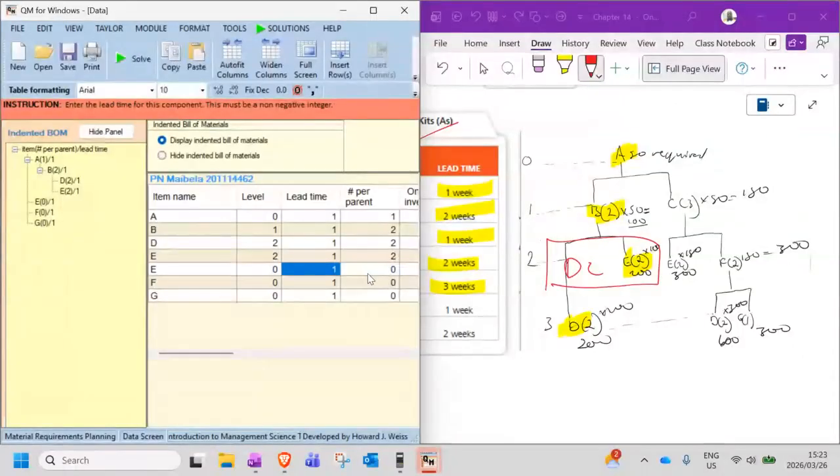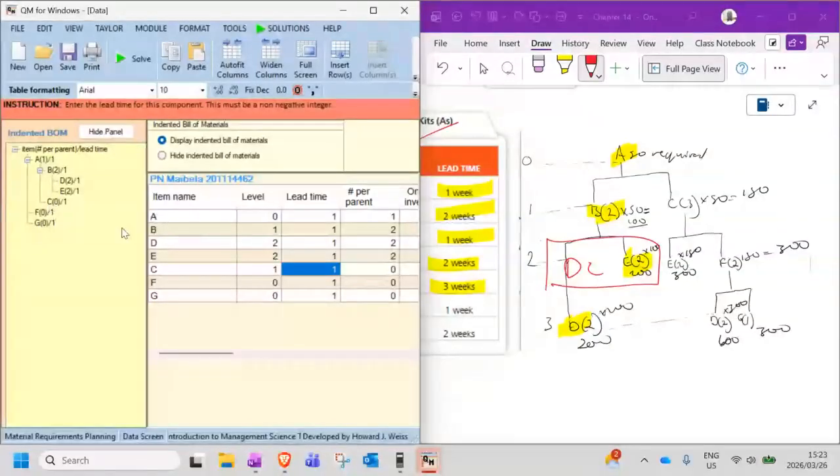Then we have C now. C at product level under A. So you see C comes at the same product level as B. They're at the same level now.